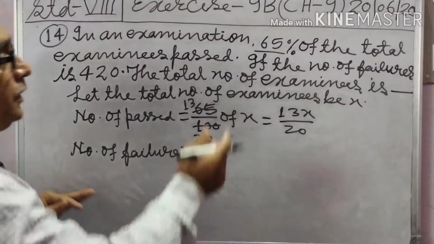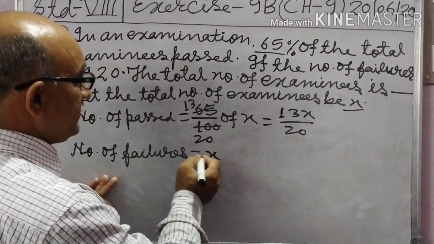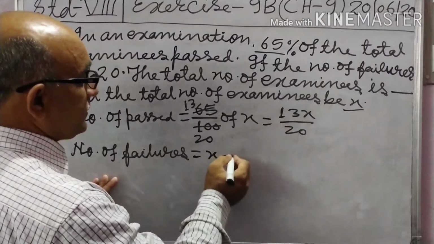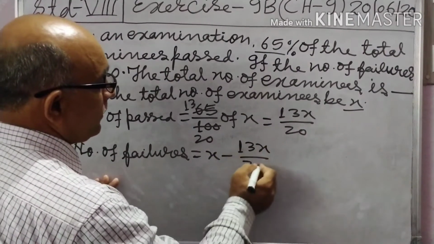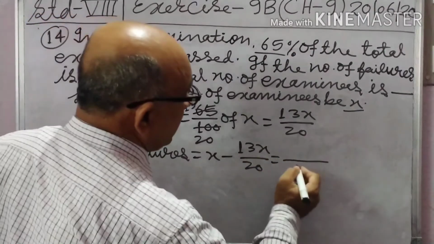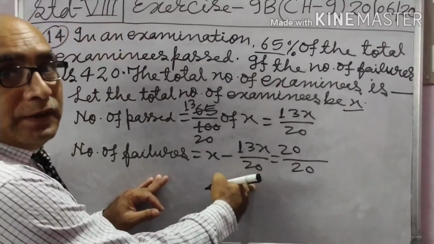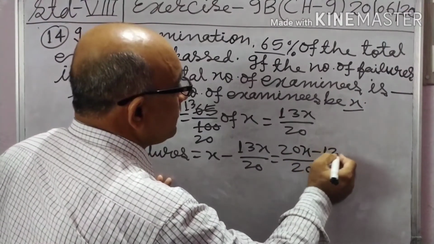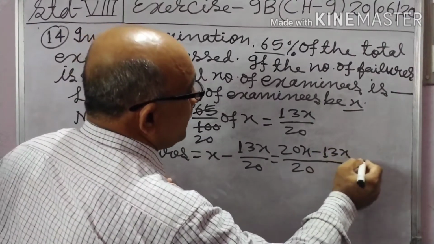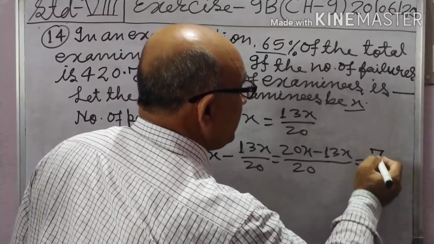Number of failures. The total examinees is x. So x minus the number passed, 13x by 20. Taking LCM 20, 20x minus 13x, equal to 7x by 20.